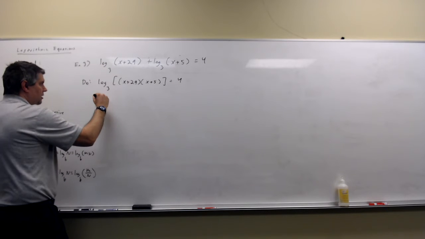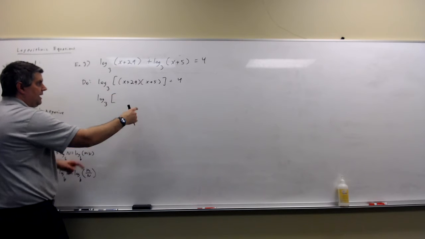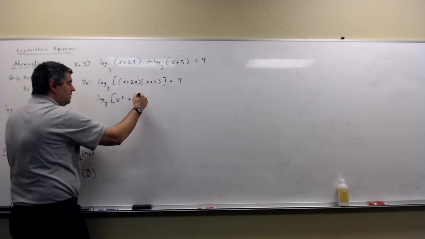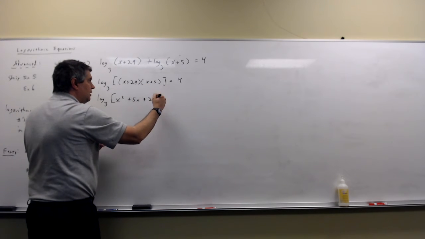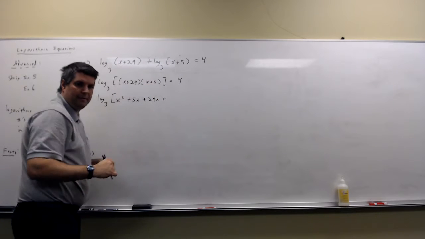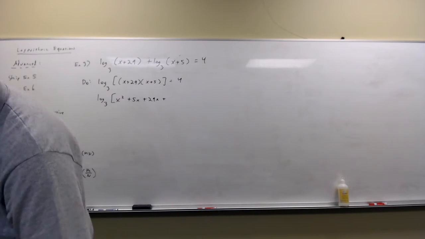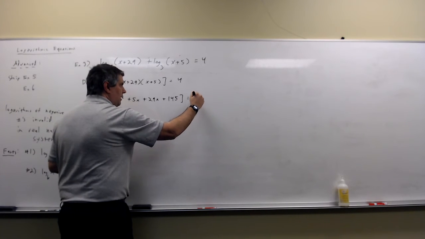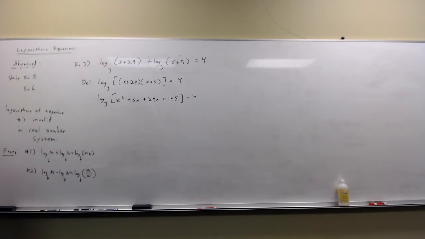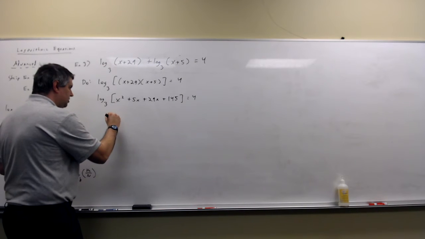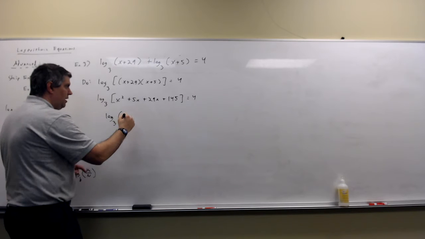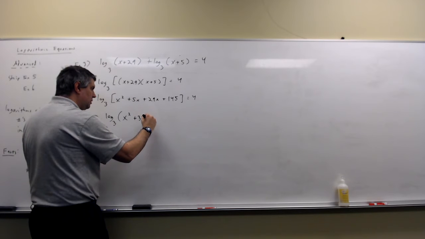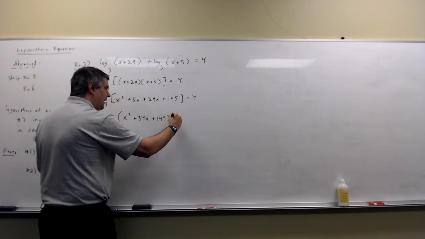So that gives me log base 3 of x squared plus 5x plus 29x plus, I better multiply that out, 145 equals 4. So that gives me log base 3 of x squared plus 34x plus 145 equals 4.